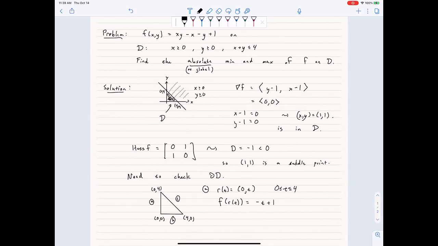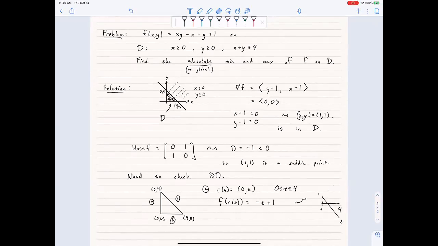So this is a function of one variable on the interval 0 to 4. I can look at the graph of this function in terms of t, from 0 to 4, and it's going to be a line like this. That's the graph, where this is height 1 here and height negative 3 here.